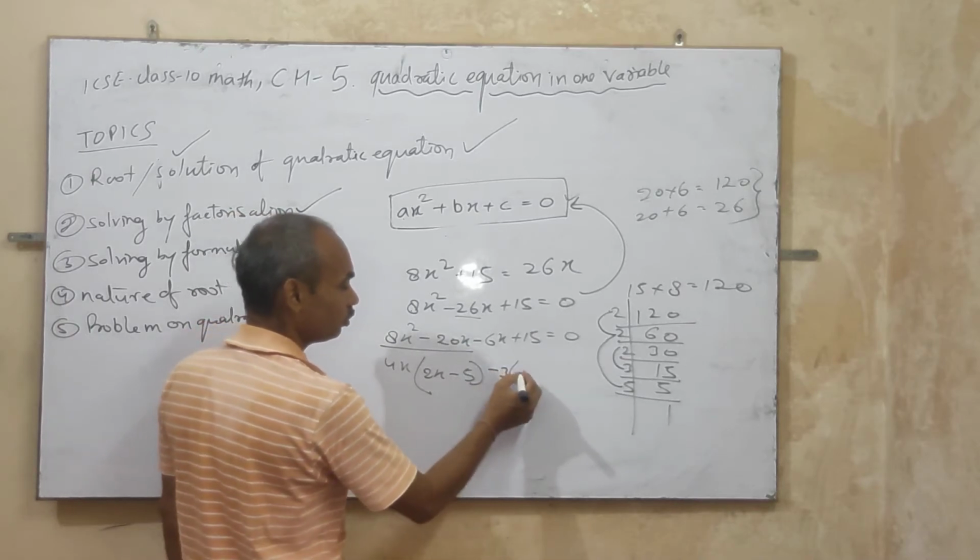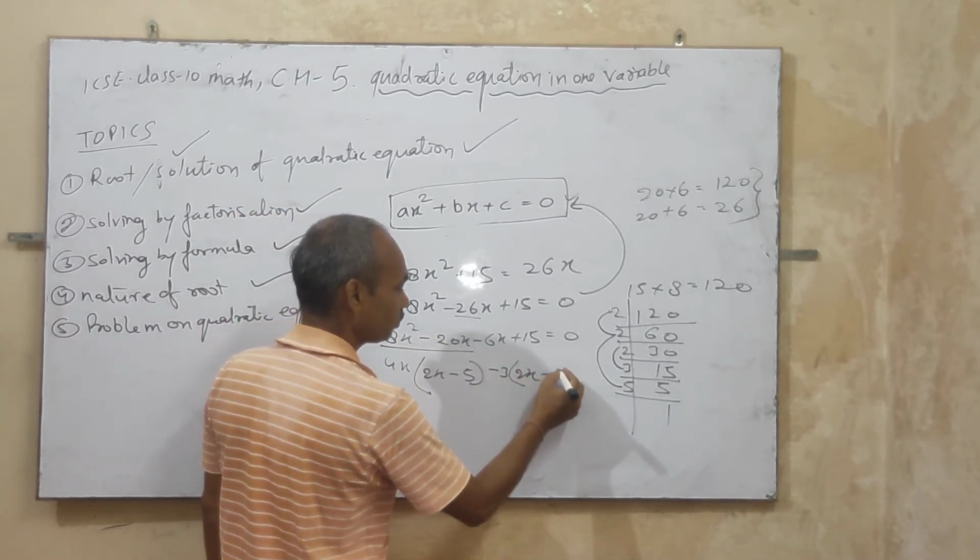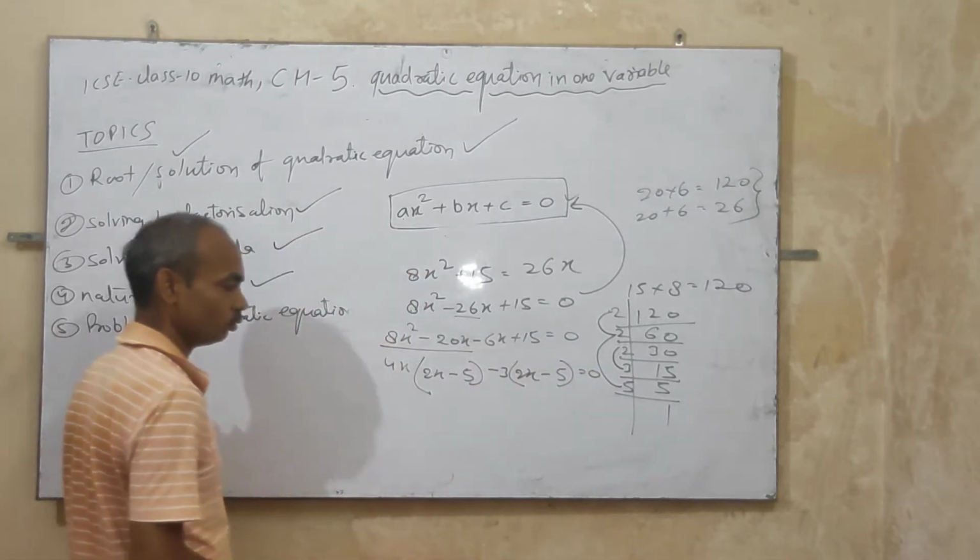Then 3 is common in the other two, leaving 2x minus 5.